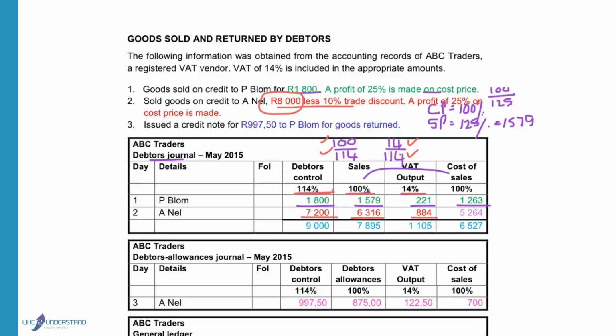So when we calculate this cost price, we will use 100 divided by 125 times the normal sales price of 6,316. And if we calculate the cost price on the normal sales price, we will get a cost price of 5,264.